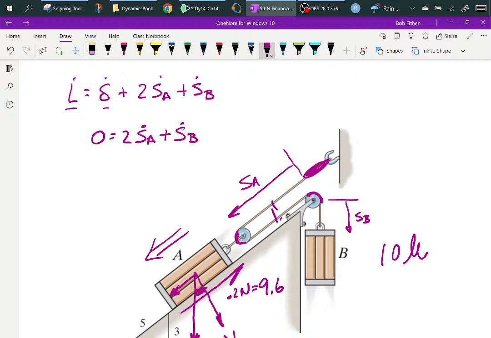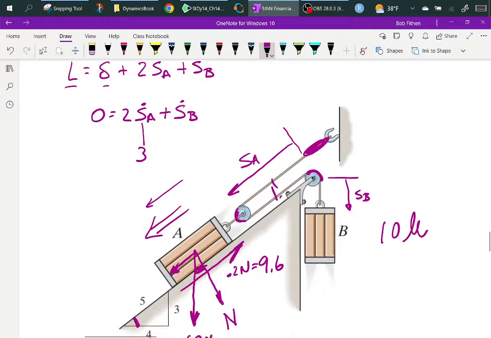If in 1 second this SA moved down, like it said it's going to move down 3. So let's say it did it in 1 second. So it moved down 3 feet. Oh, wait, is it in feet?